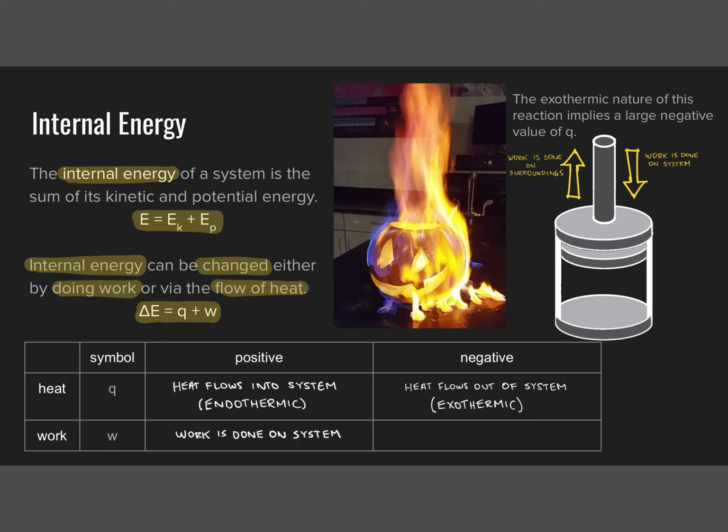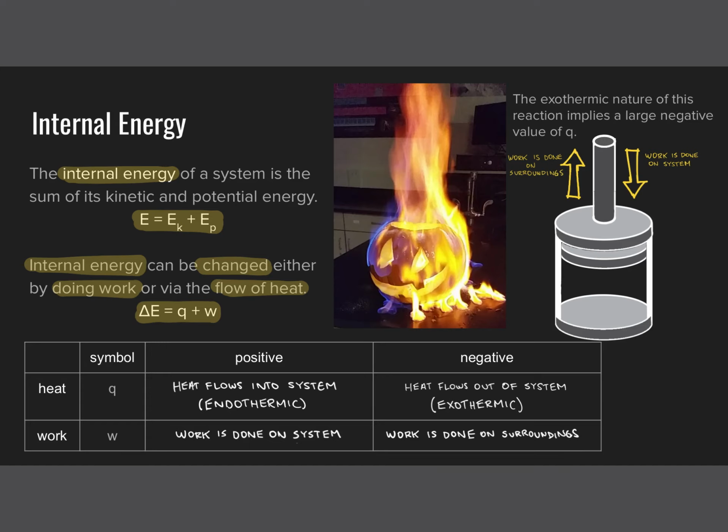That is, that hot gas, which is expanding inside of the combustion chamber, inside of that little chamber where the piston is held, pushes outwards on the piston, and that then causes the system to lose internal energy, which can then be converted into kinetic energy of the parts of your car. So if the system itself does work on the surroundings, then the work done from the system's perspective would be negative.